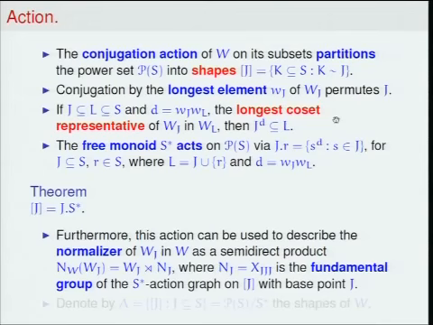This action, maybe not as an action of a free monoid, has been used by Howlett in particular to describe the normalizer of a parabolic subgroup Wj as a semi-direct product of Wj with another subgroup Nj, where Nj actually coincides with the set X, J, K, L, where all the J's, K's, and L's are equal to J, and can conceptually be described as the fundamental group of the S star action graph on the shape of J with base point J.